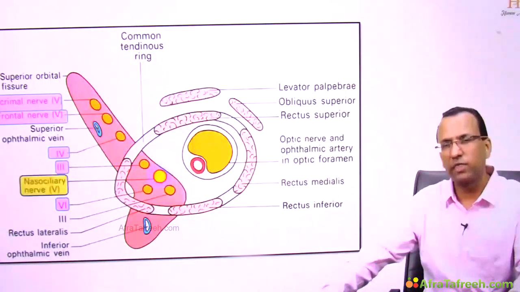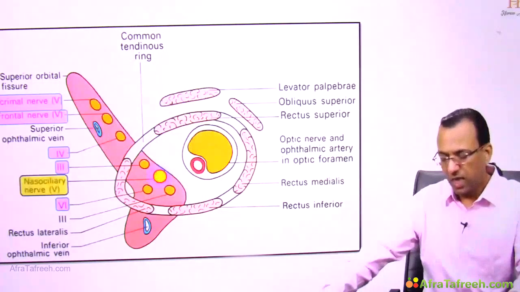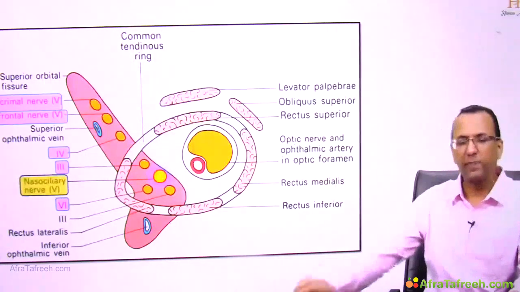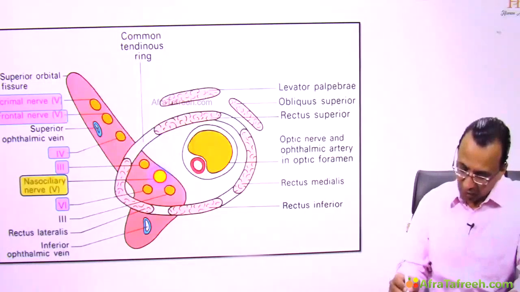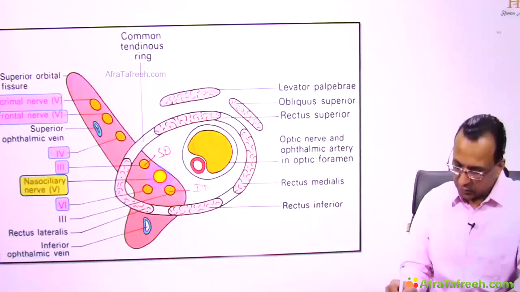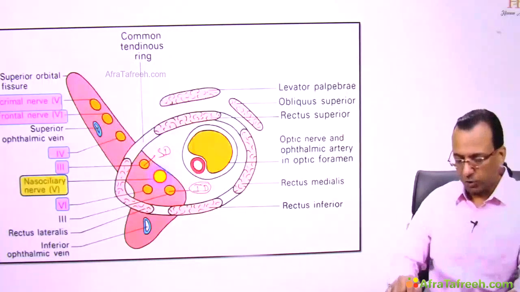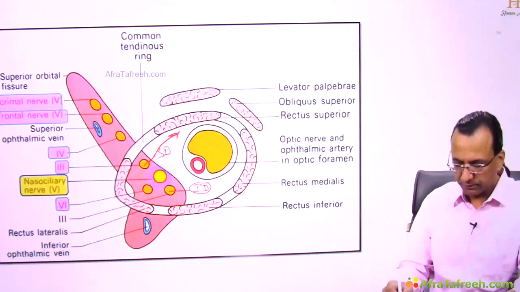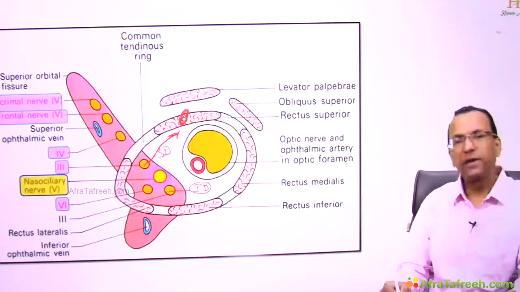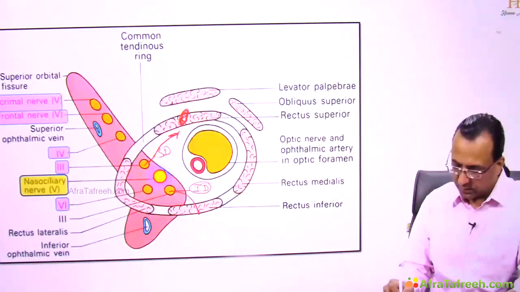No, I told you one thing. Nasociliary nerve is passing through the ring of Zinn, but when the oculomotor is concerned, you will find the oculomotor has a superior division and it also has an inferior division. You mean to say the superior division supplies the superior rectus muscle, and the inferior division supplies the inferior rectus muscle? Yes. That is why.